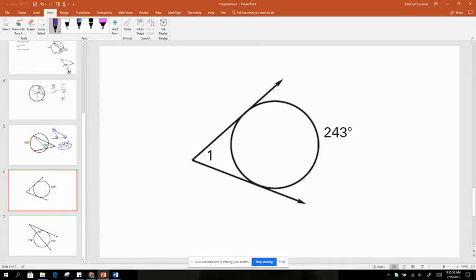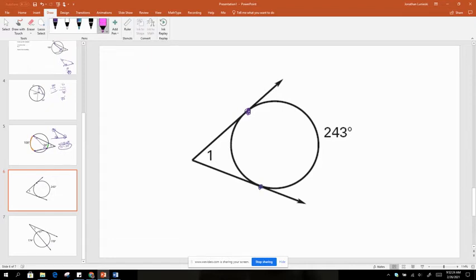So that was one situation where the lines were meeting outside of the circle. In that situation, it was two secant lines. In this situation, we have two tangent lines. And so let's see if we can still use our inscribed angles to help us solve this. So what we can see here is we have this piece of the arc is equal to 243 degrees.